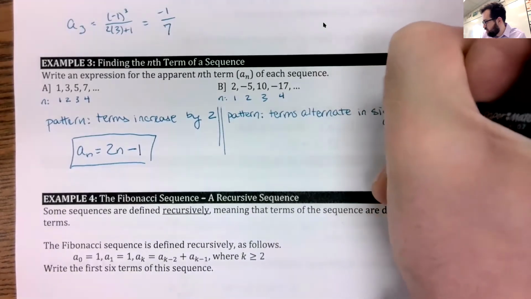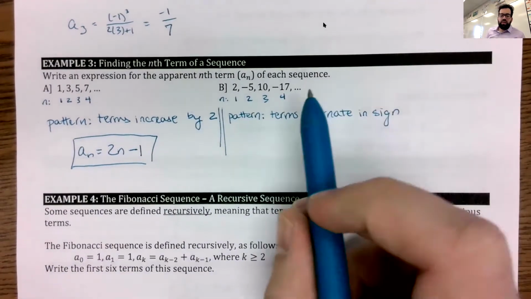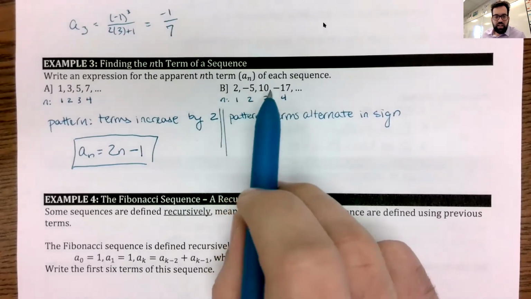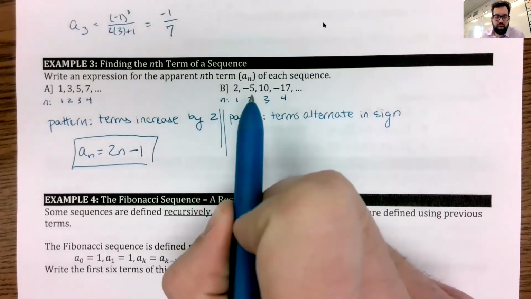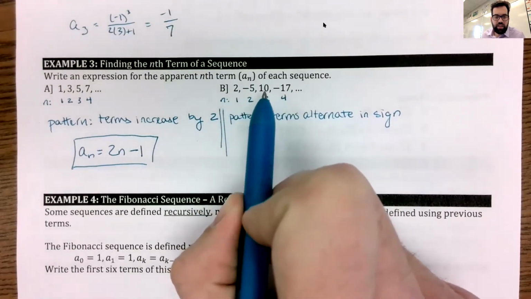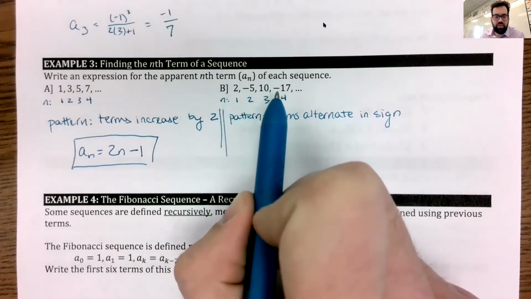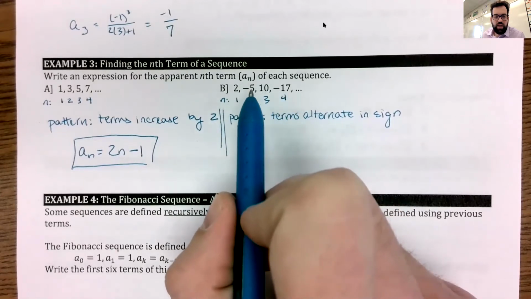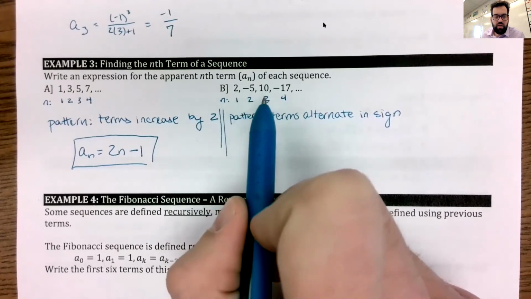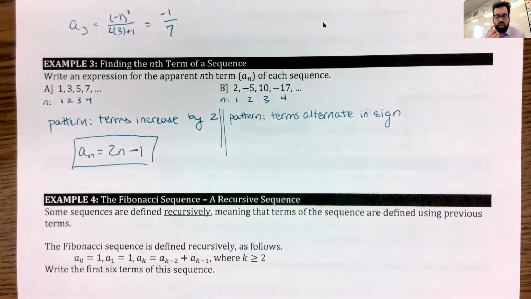But what else? How do we get from 2 to 5 to 10 to 17? So we're adding 3, adding 5, adding 7. Okay, so that is a pattern, but there is an easier way to spot this.